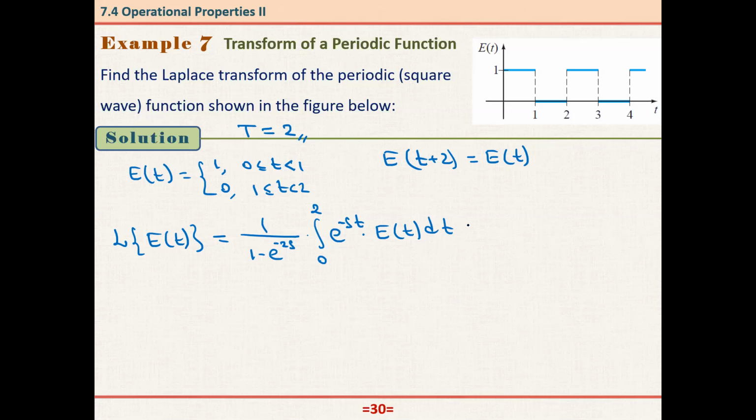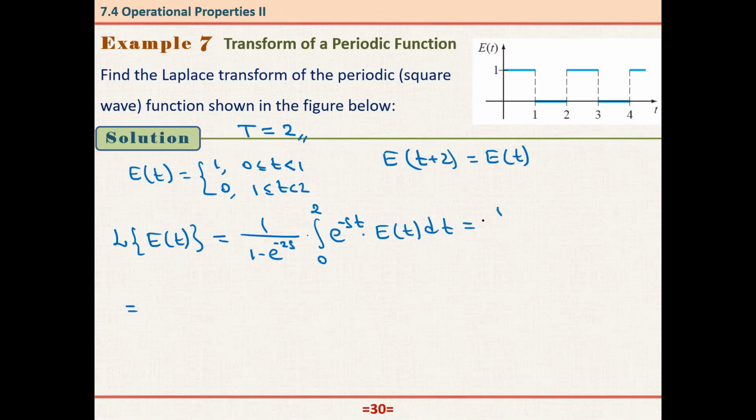Which is equal to, from 0 to 2, from 0 to 1 is one function, from 1 to 2 is a different function. And from 1 to 2 it is equal to 0, so we don't have to take this part. First, I need to write this expression.